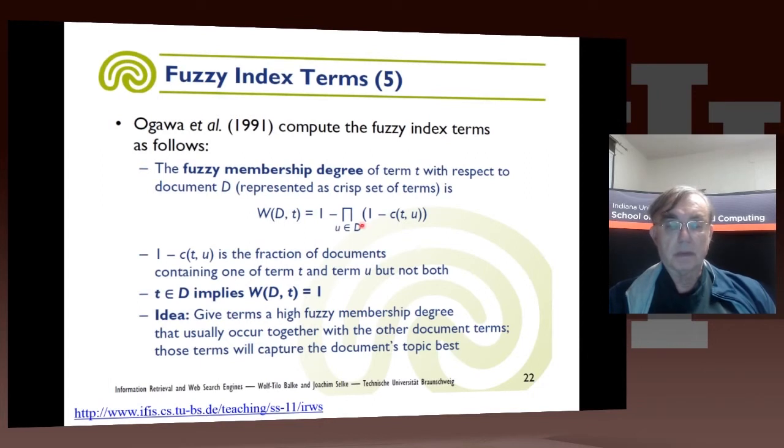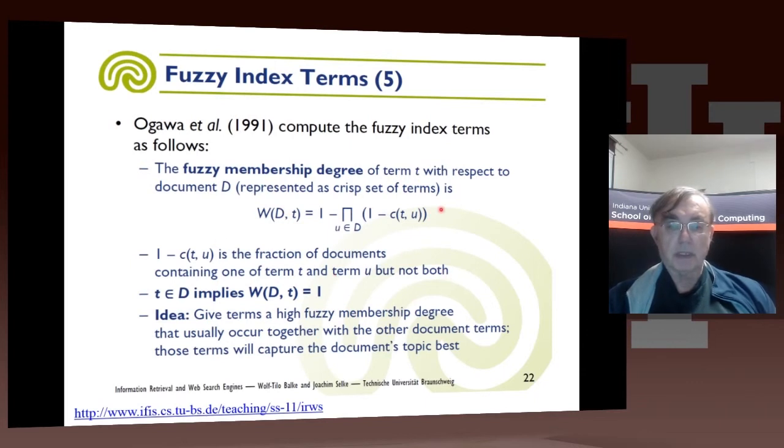Because this thing here is positive, and this is a product of things which are at most 1, this product here is less than 1. So this thing here is less than or equal to 1, and W is positive, between 0 and 1.